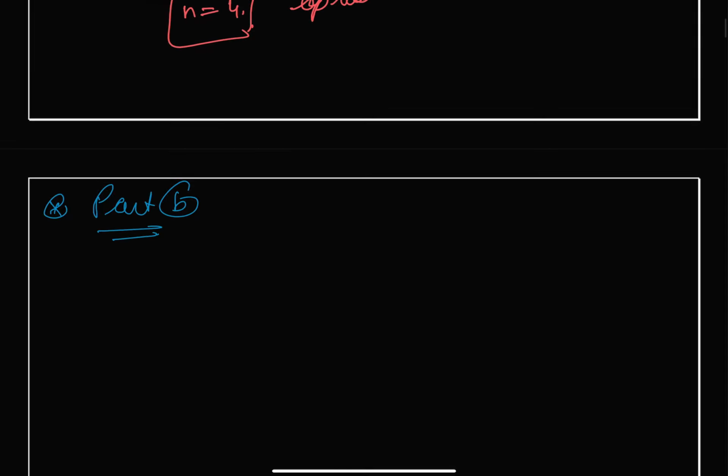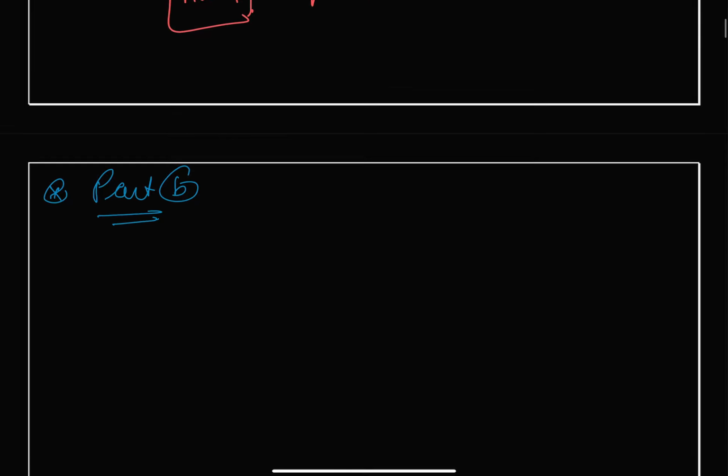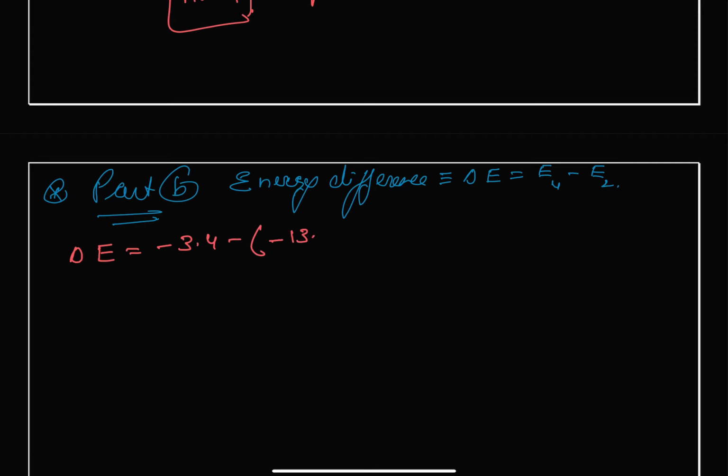The energy difference, delta E, will be equal to the energy of the fourth minus the energy of the second. We substitute the values: delta E will be equal to minus 3.4 minus of minus 13.6, and this gives us 10.2 electron volt.